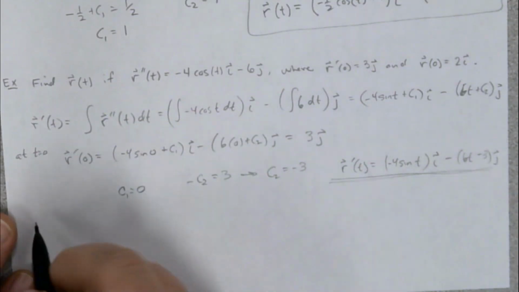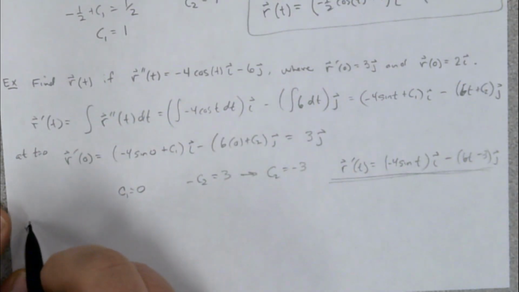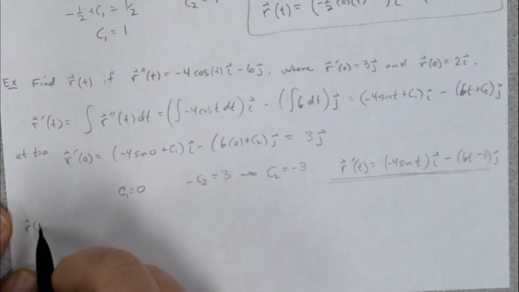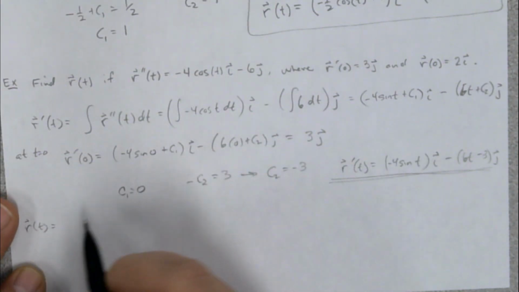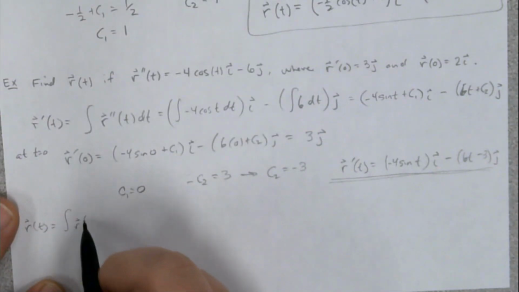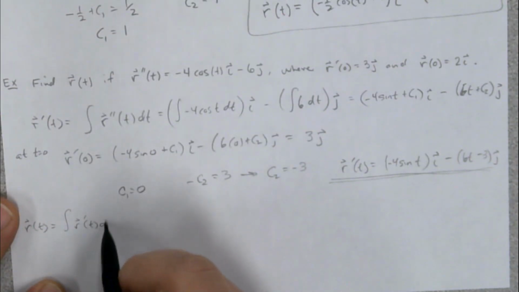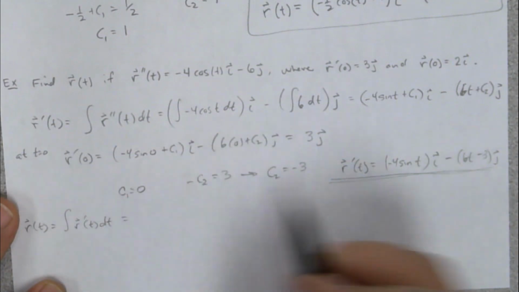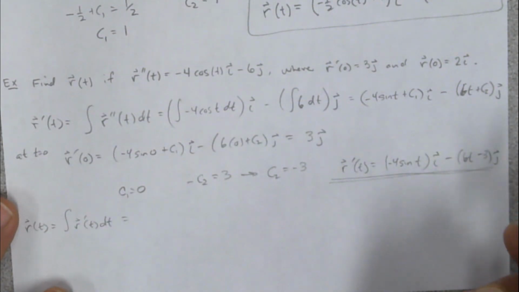And we want to find r, excuse me. And so r is just the integration of that. And we just do it one more time with this vector right here.